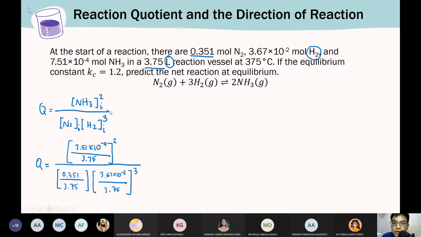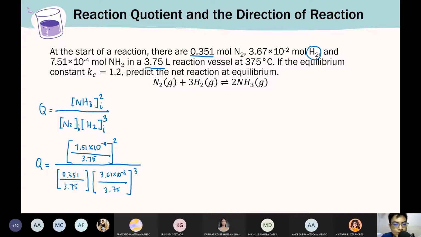Given the concentrations for each chemical, in the numerator, I have ammonia. So that's 7.51 times 10 raised to negative 4 divided by 3.75. So that's mole per liter concentration unit. And in the denominator, I have my nitrogen gas, 0.351 divided by 3.75.